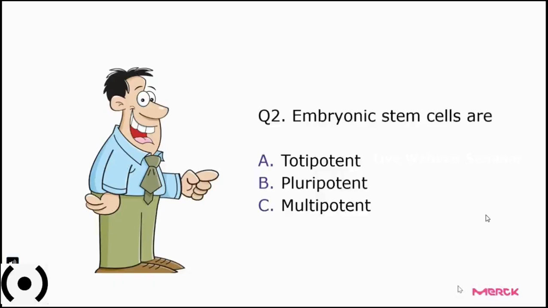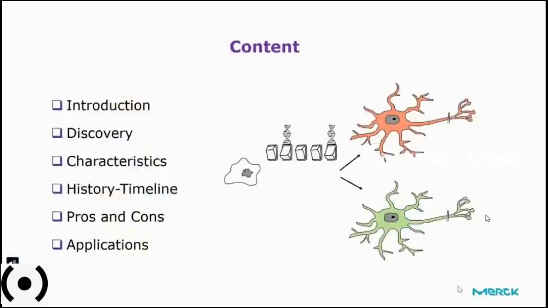Okay, no worries. The correct option is B, pluripotent. So embryonic stem cells are pluripotent, and I will discuss this in my subsequent slides, so don't worry. I just wanted to know how many of you have knowledge of pluripotent, totipotent, and multipotent. That's why I asked these questions. So let me start today's webinar.